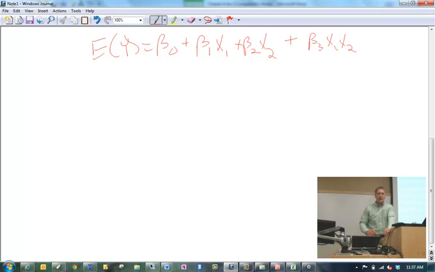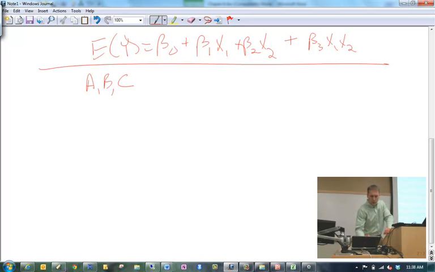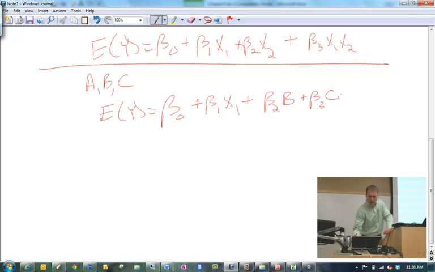Now let's say that we had a qualitative variable and it had levels of A, B, and C. We still also have this variable x1. Then we could write our model like this. Expected value of y is equal to beta 0 plus beta 1 times x1 plus beta 2 times b plus beta 3 times c, where b is an indicator variable corresponding to level B. C is the indicator variable corresponding to level C. If I want to now include an interaction between x1 and this qualitative variable, all I need to do is this.